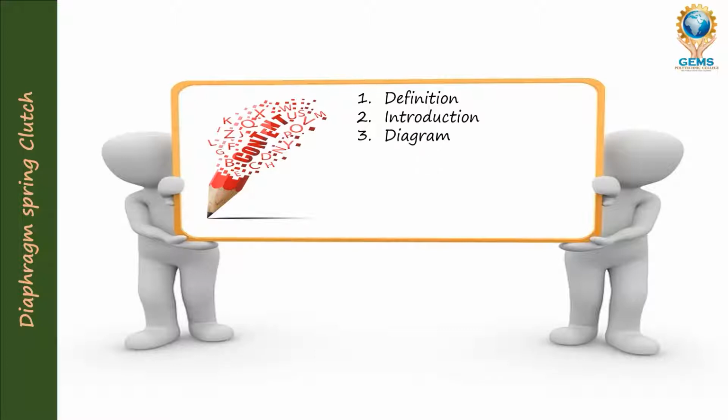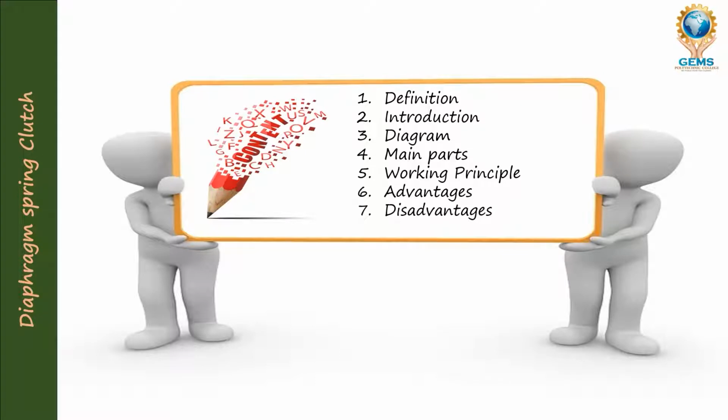Number 3, the diagram of the diaphragm spring clutch. There are two, engaged and disengaged, and we are going to see both. Number 4, main parts of the diaphragm spring clutch. Number 5, working principle. Number 6, advantages, and number 7, disadvantages.